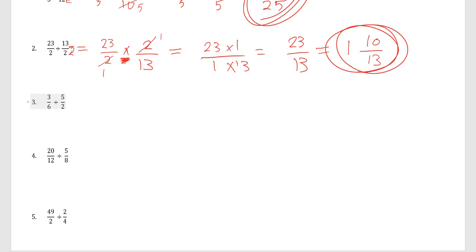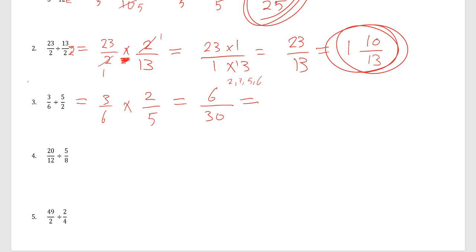Three-sixths divided by 5/2 is the same as 3/6 times 2 over 5. So 3 times 2 is 6. 6 times 5 is 30. Can this be reduced further? Well, they're divisible by 2, by 3, by 5, by 6.